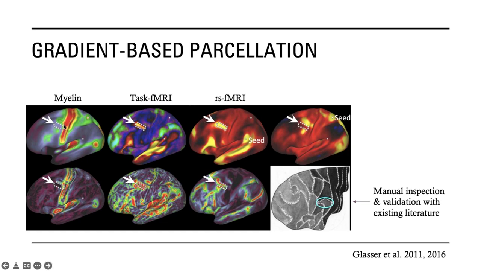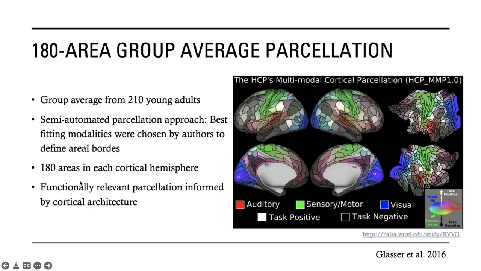And as you can see here, we combine the data from different modalities and extract the gradients where the signal is changing, to delineate certain areas of the human cortex. And this was done for 180 areas and for all those 5 modalities. The best fitting modalities were then chosen by the authors to define the areal borders. And this came out with 180 areas for each hemisphere.